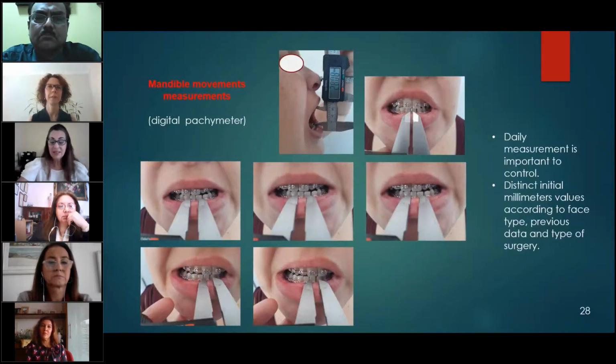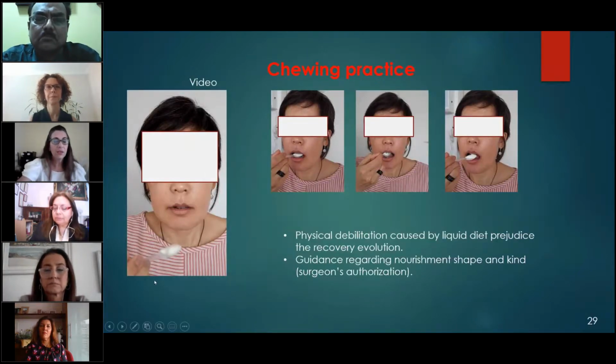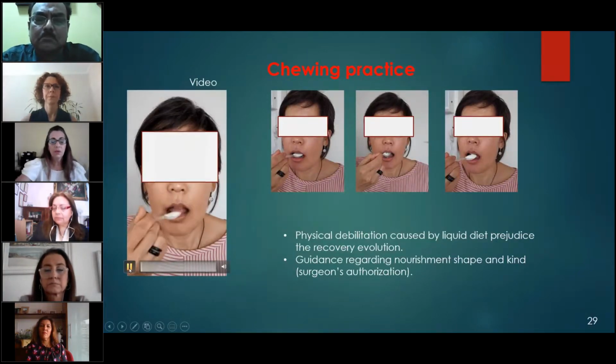In my practice, I measure at the beginning and at the end of the session and record each technique used in therapy. The patient learns to measure and also to record daily at home.